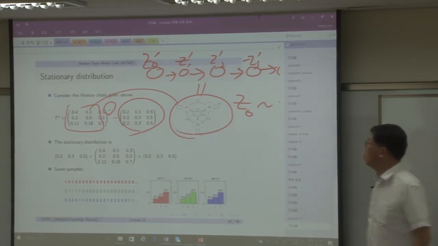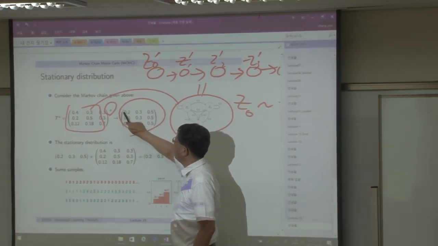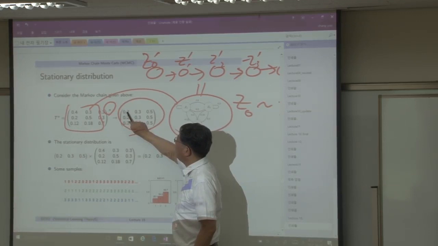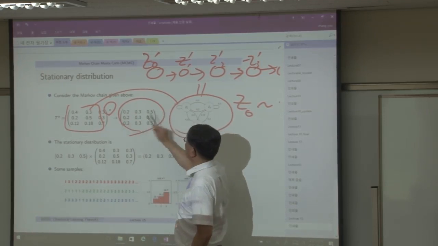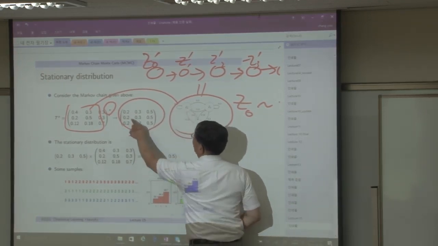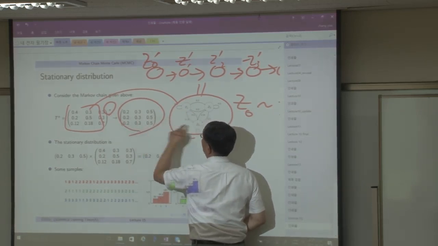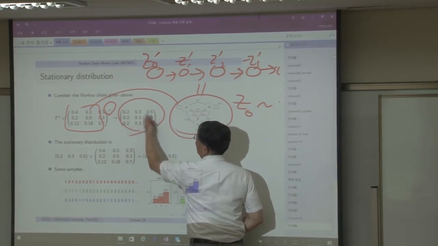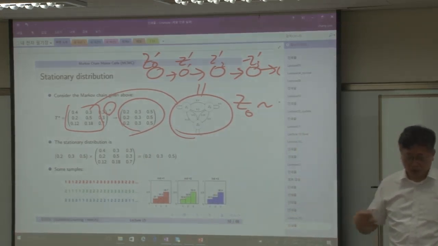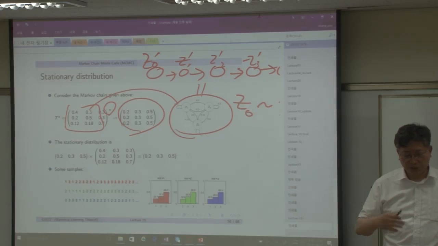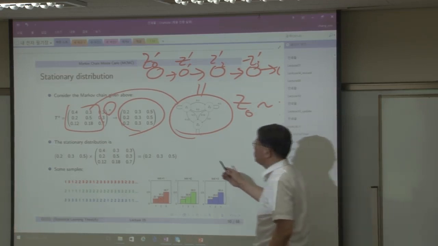If you're in state 1, the probability of staying there is 0.2, and transitioning to the others is 0.3 and 0.5, and if you're in Z2, it's the same. And so after n transitions, it converges. And there's a condition for this convergence.